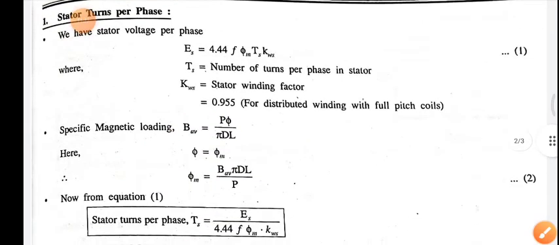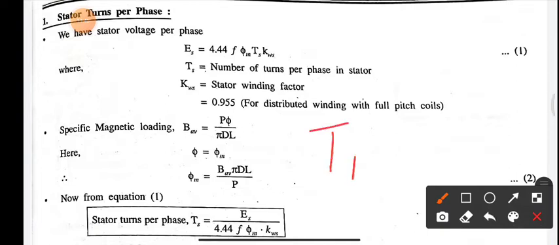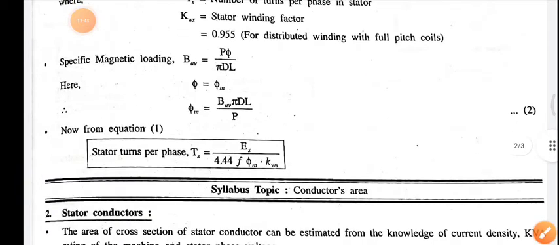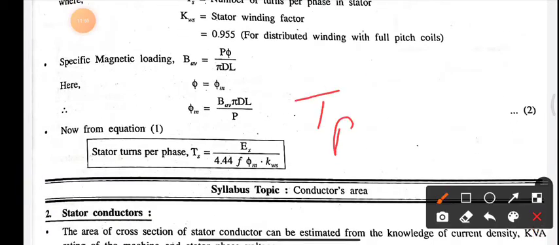Now what we are finding over here is turns per phase, that is TPH. Now here TPH is given. What we will do, we will take all other terms on the other side, and we will get stator turns per phase as ES upon 4.44 F phi m kWs.